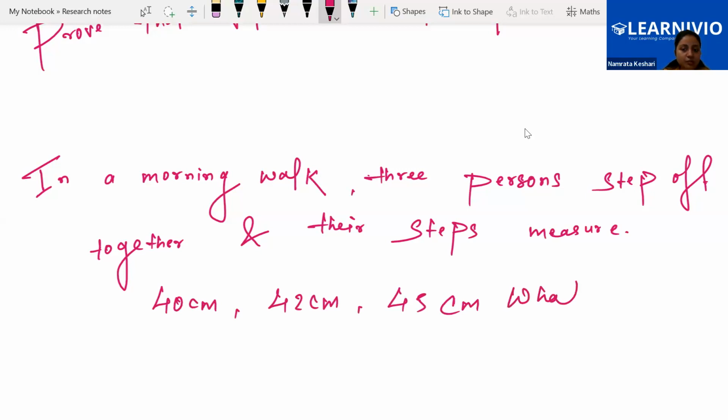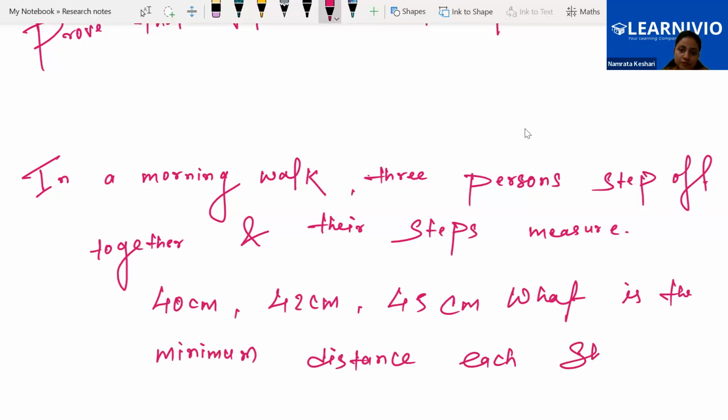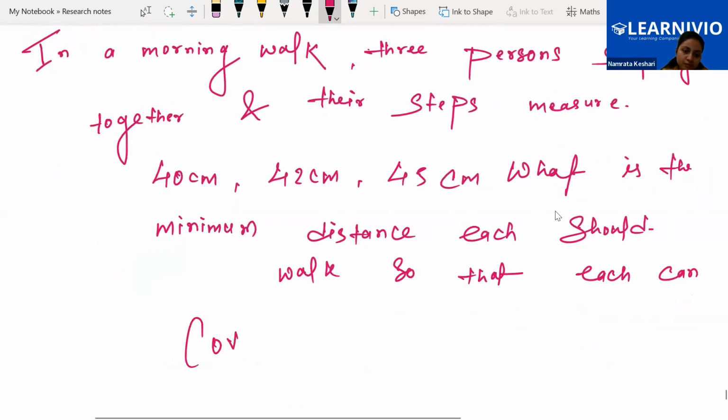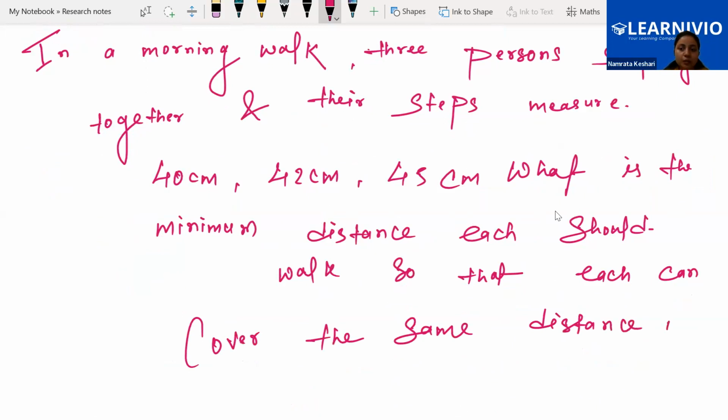What is the minimum distance each should walk so that each can cover the same distance in complete steps?